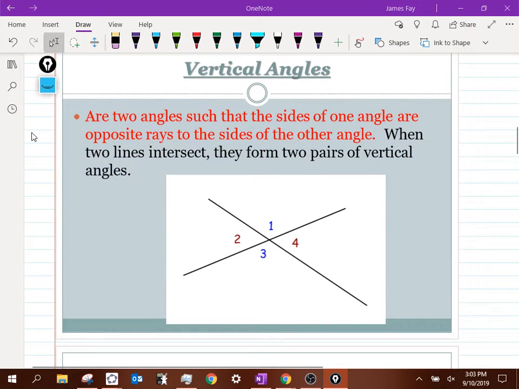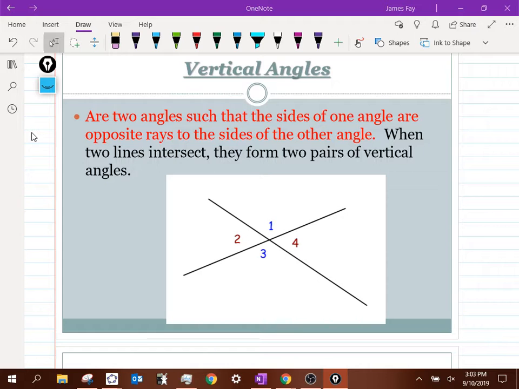Probably the second most used pair of angles we ever talk about are vertical angles. And I hate this definition. I don't like definitions that are of this nature. This is kind of what we call an existence definition. They show you how they exist, or how they are created, where the last one gave us features of an adjacent angle, right?